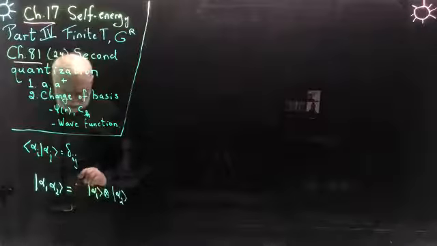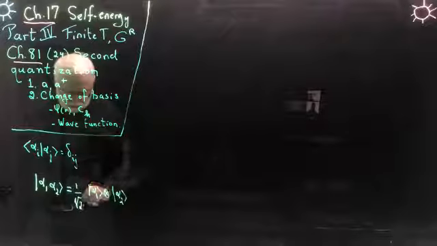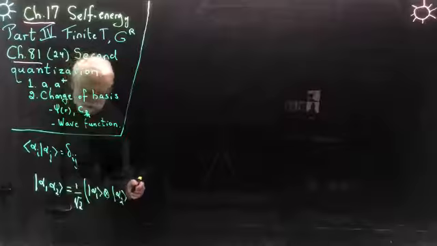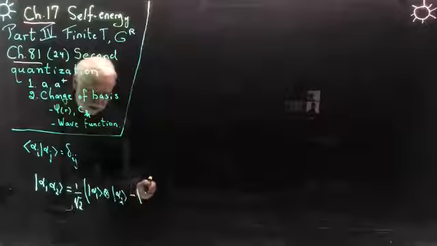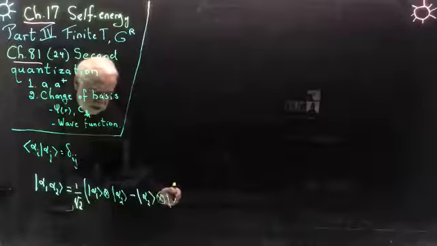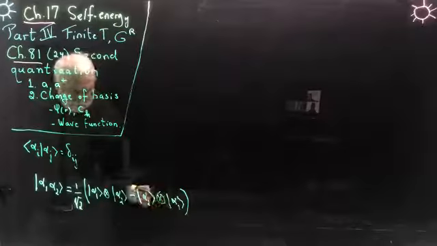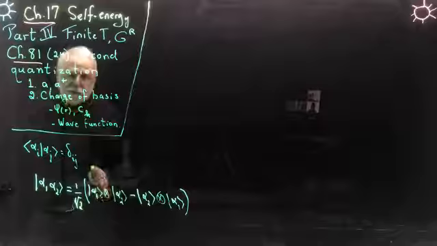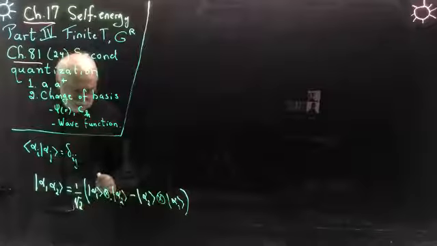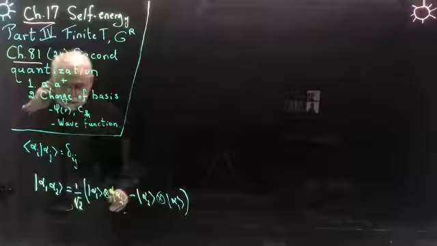So I need to write 1 over square root of 2 times alpha 1 cross alpha 2 minus alpha 2 cross alpha 1. And that's quite satisfactory, because one Hilbert space is for particle 1 and one Hilbert space is for particle 2.